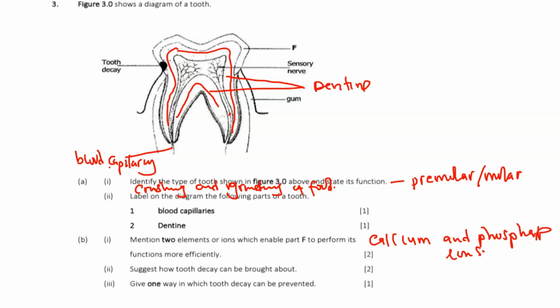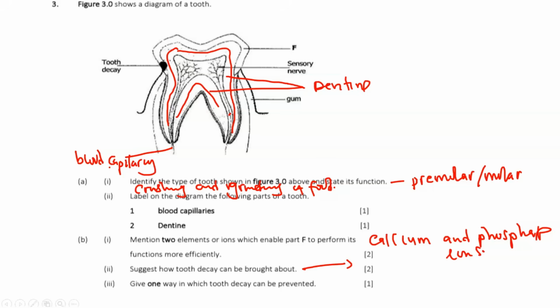Then suggest how tooth decay can be brought about. So this question again has come. For tooth decay, we said it can be brought about when the food that sticks on the tooth for a long time forms a plaque on which the bacteria act and respire anaerobically, producing an acid that dissolves the enamel of the tooth, forming a cavity in the tooth.